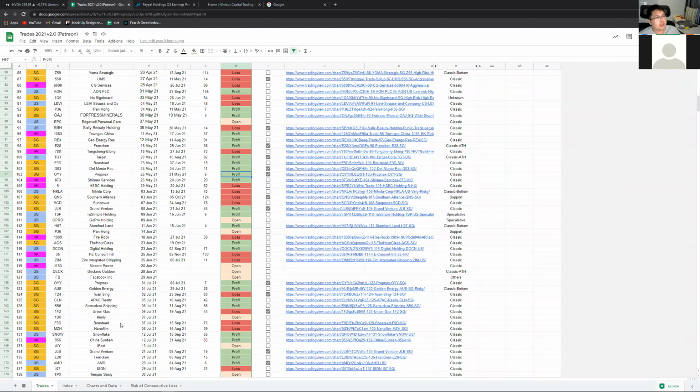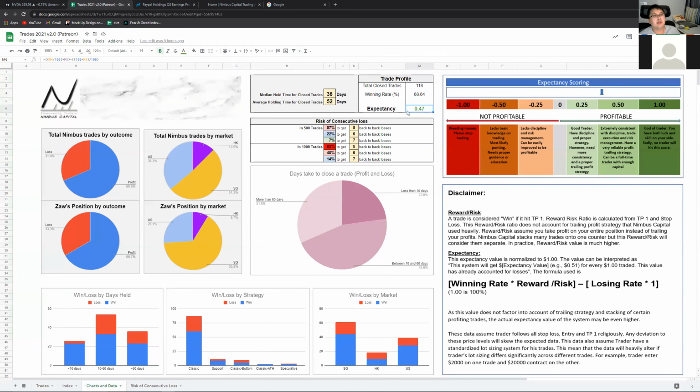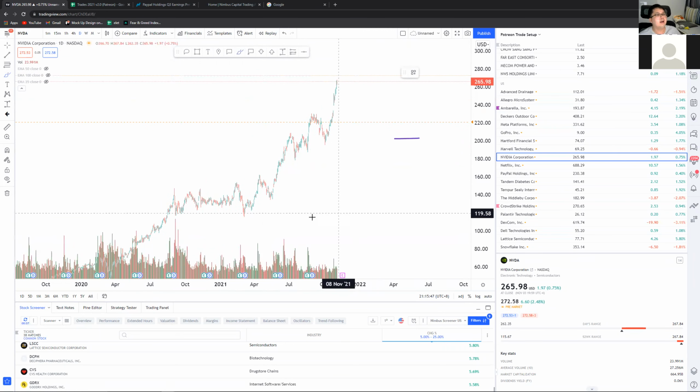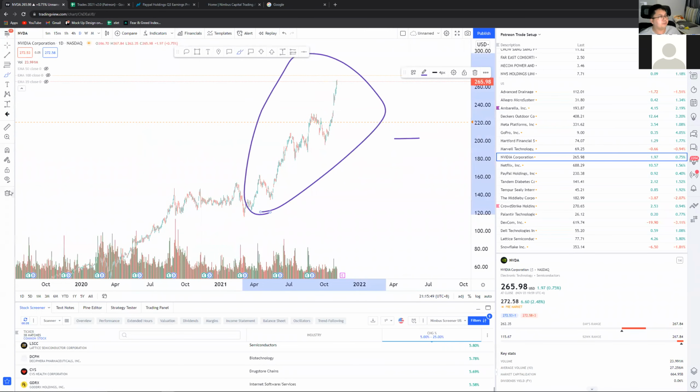But even if you take the bare minimum, you can see that we are very profitable with a normalized expectancy of 0.47 now. Exactly how we come by that number, we can't reveal to you, but that number is not really important. What is important is how you trail and how you hold on to your position, especially in counters that are in a strong uptrend.